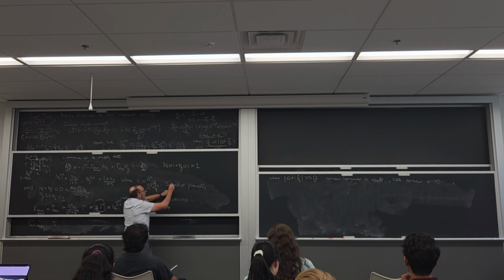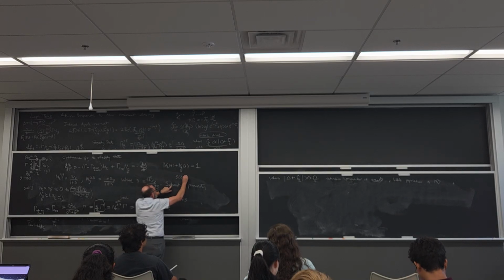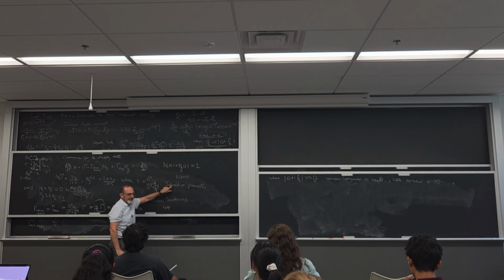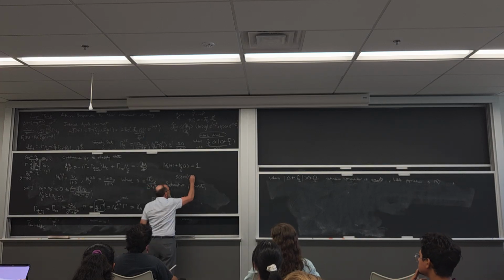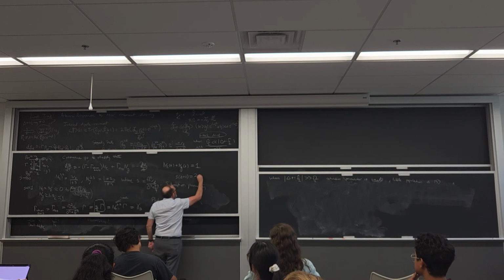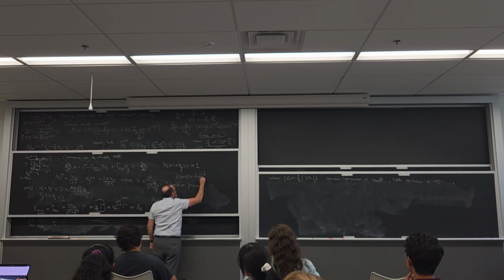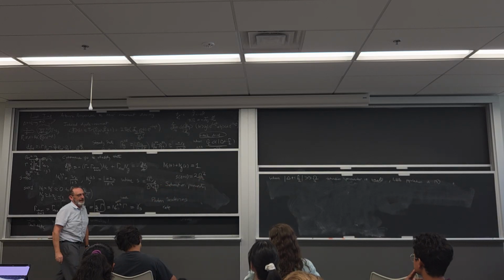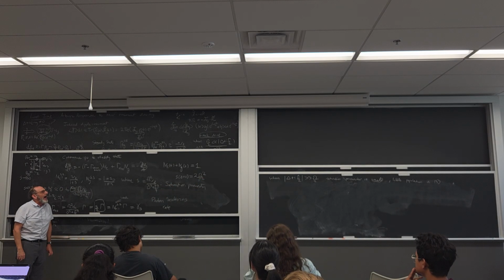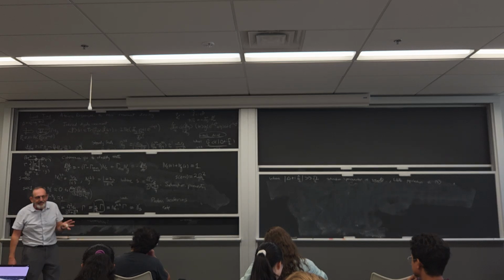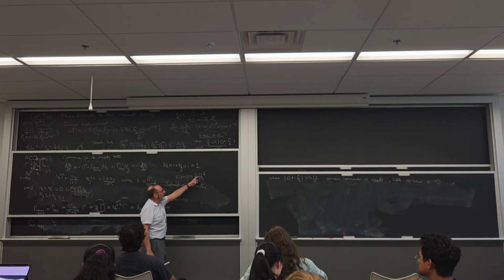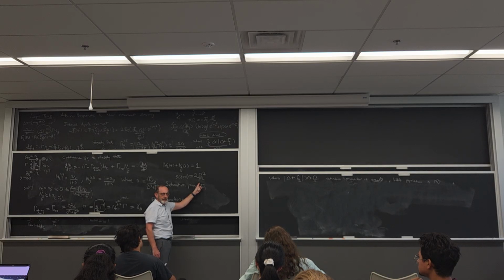Let's just look at it when delta is 0. What if I'm right on resonance? Well, in that case, this is equal to twice the Rabi frequency squared over the spontaneous emission rate squared. So I can have low saturation exactly on resonance as long as my Rabi frequency is very small compared to the spontaneous emission rate.